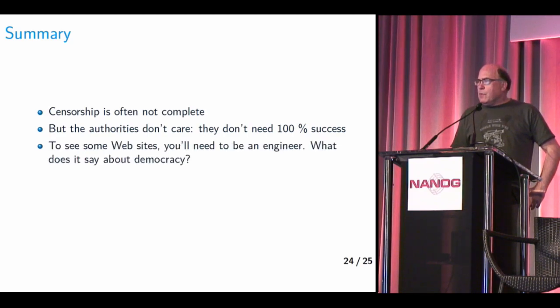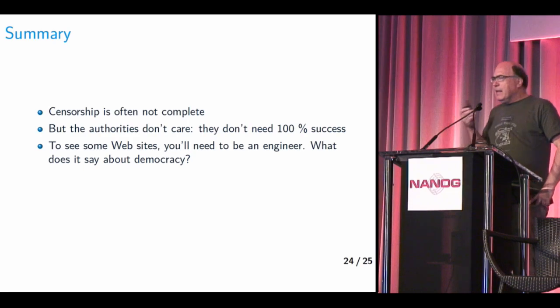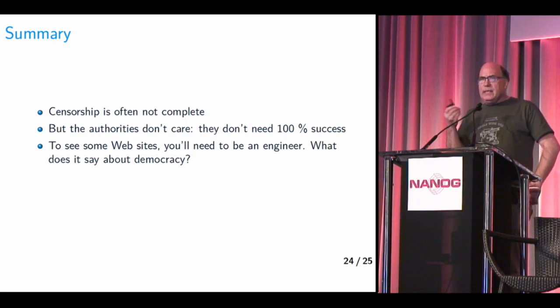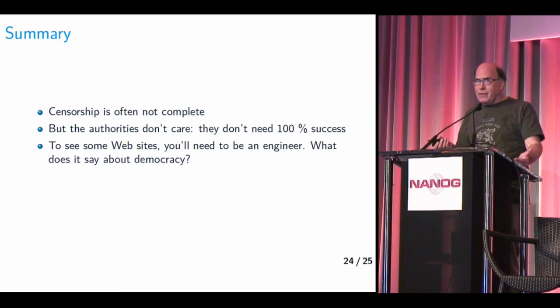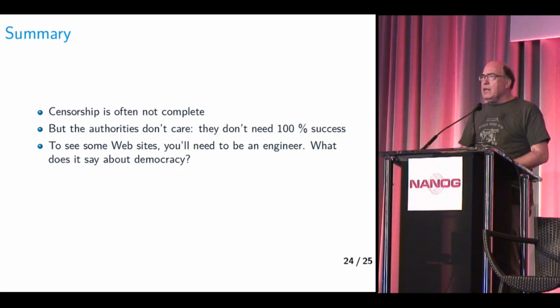And also, one more political problem is that because of censorship, to see some very useful websites, such as Sci-Hub, for instance, you now need to be a network engineer. It's certainly a problem for democracy if freedom of speech, the ability to access whatever content you want, is reserved to the people who participate in the NANOG meeting.